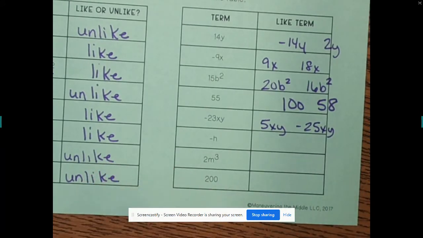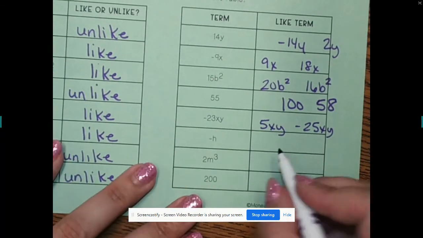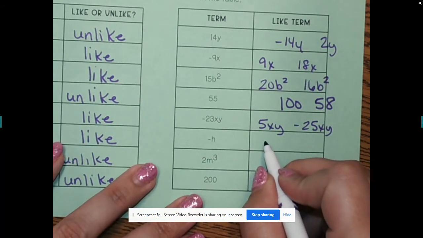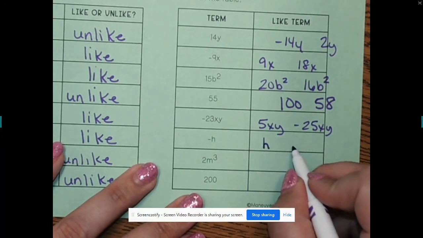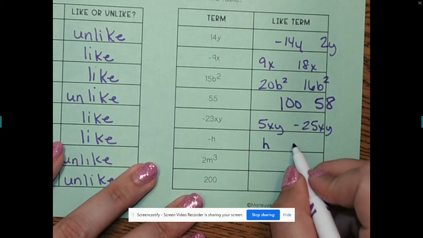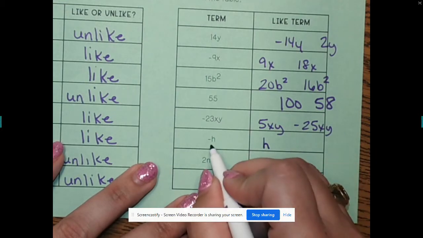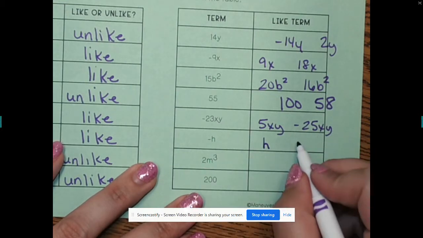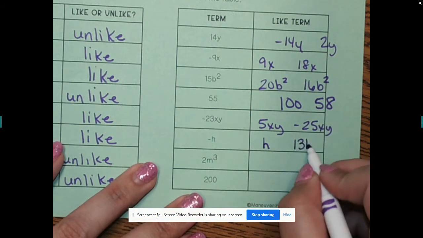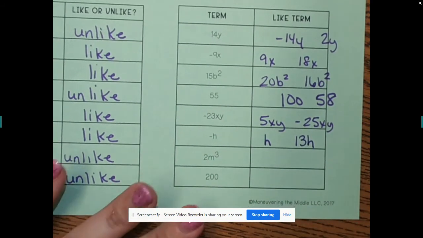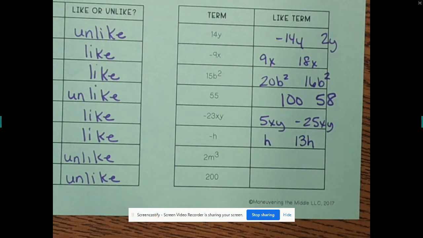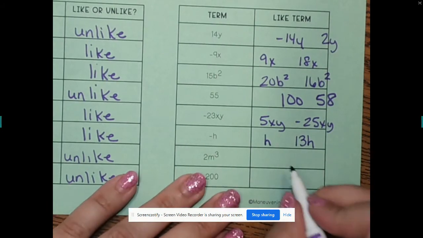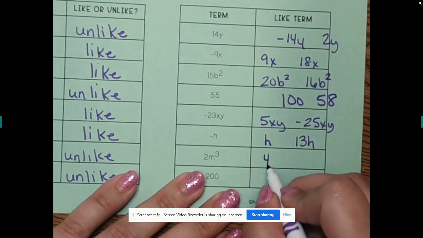Negative h. Negative A. Positive h. H is my variable. 13h. Good. So those are all the same. 2m cubed. 4m cubed.